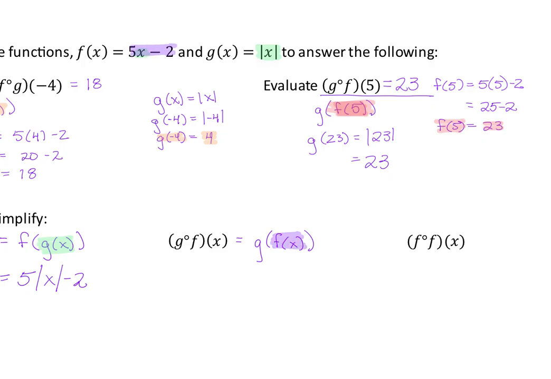So we're going to take our whole 5x minus 2, and we're going to plug it into our absolute value. And so what we get is the absolute value of f of x, which is 5x minus 2. And we're done.